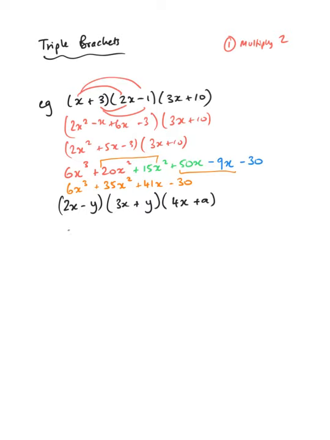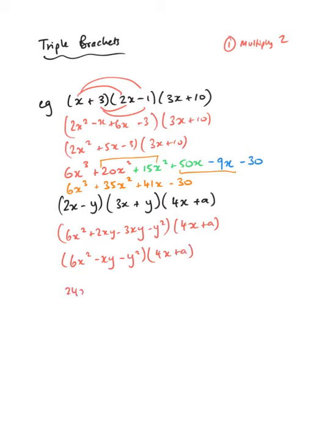When I multiply these first two brackets, I'll get 6x squared plus 2xy minus 3xy minus y squared, and I'll multiply that by 4x plus a. Simplify the first bracket just to make it easier for the next step. 6x squared minus xy minus y squared times 4x plus a.